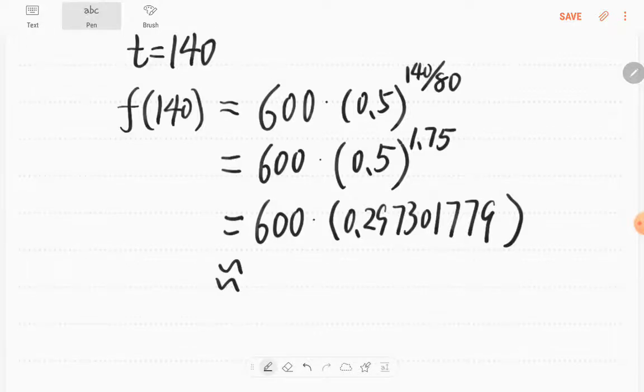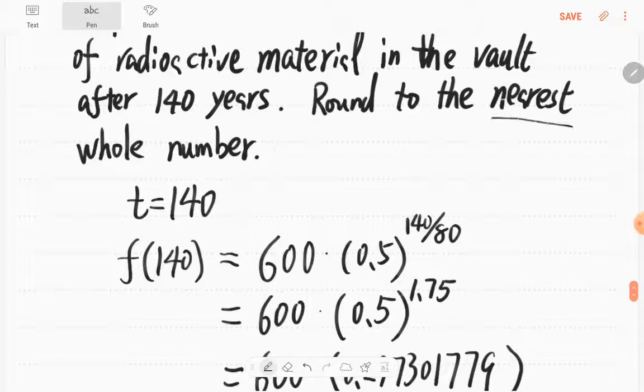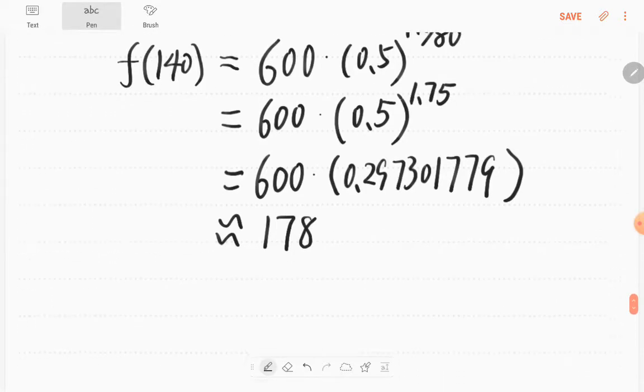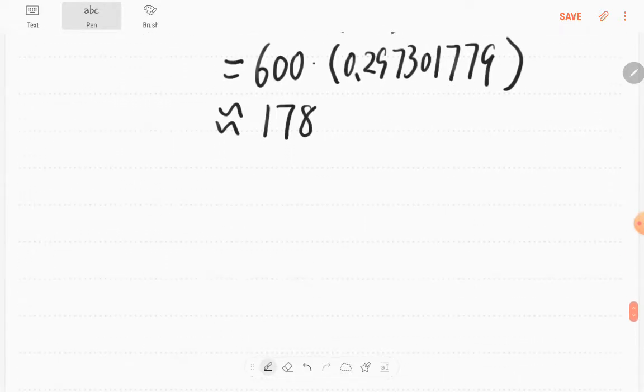But our problem asks for the nearest whole number. So just round to the nearest integer. So it should be 178. Okay, pause. So this is the problem, one example. Let's look at the next one.